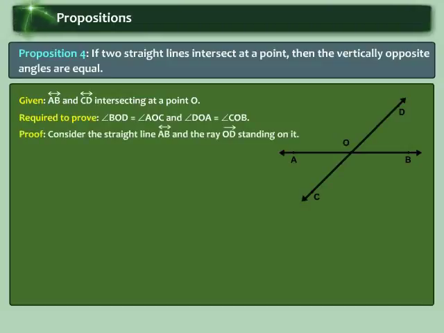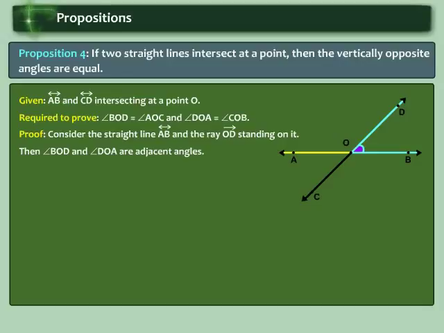Proof. Consider the straight line AB and the ray OD standing on it. Then angle BOD and angle DOA are adjacent angles. By proposition 1, we have angle BOD plus angle DOA is equal to 180 degrees.